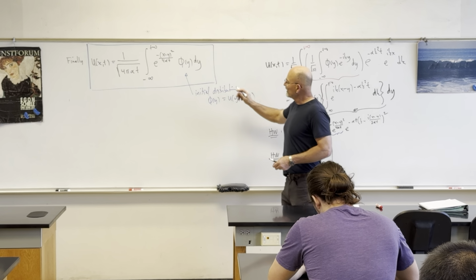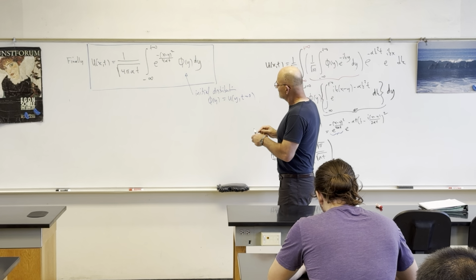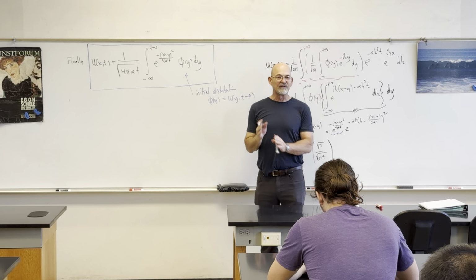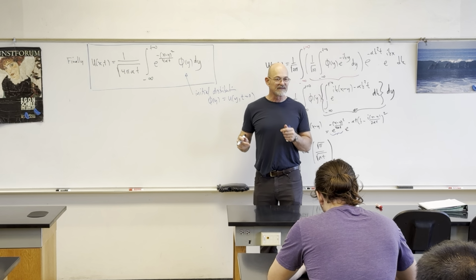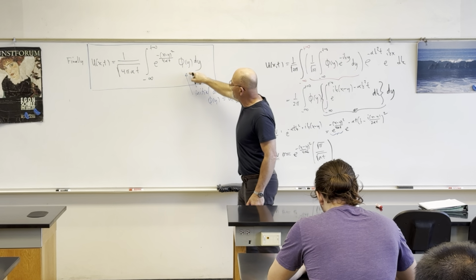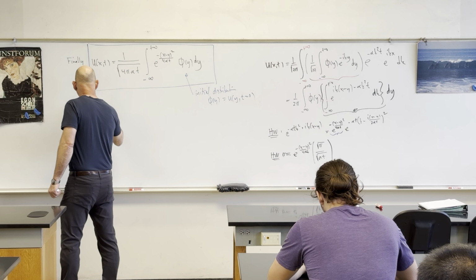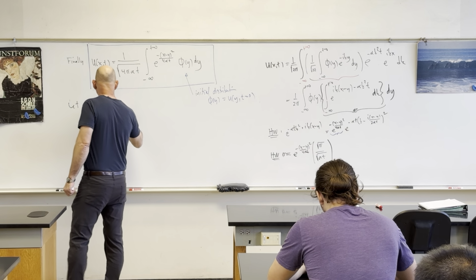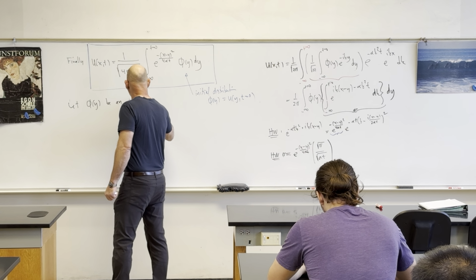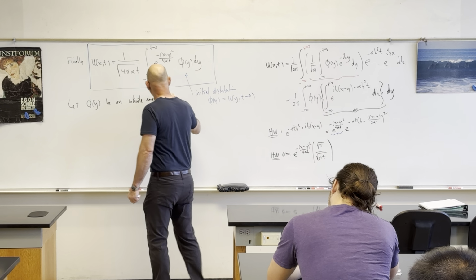Okay, what turns this into something we can actually visualize and understand a lot better is what we're going to do: choose phi of y to be an infinite spike. And this will take us into the delta function as well. So let phi of y be an infinite energy spike, which I'll define.